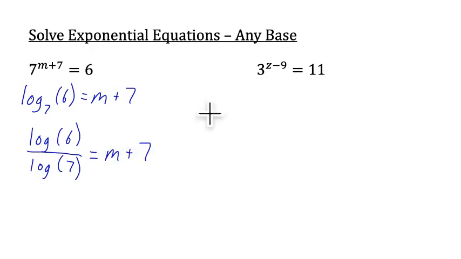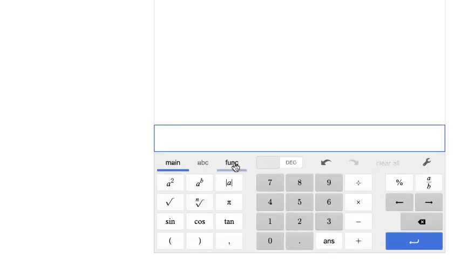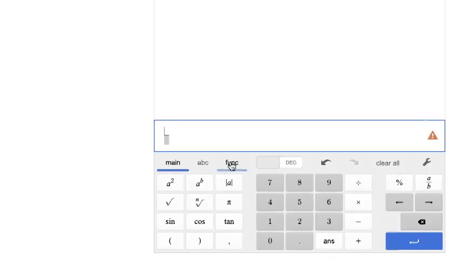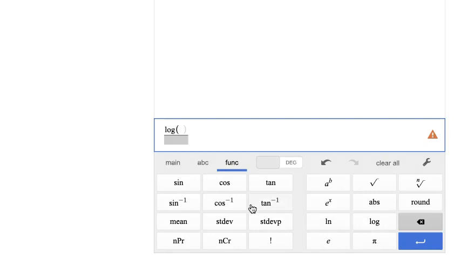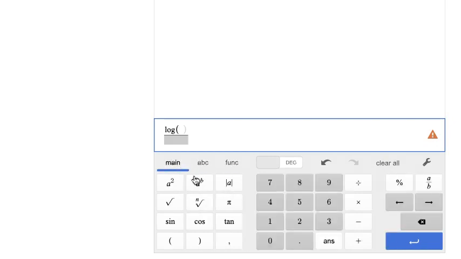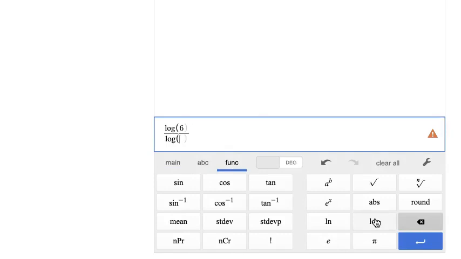All right, so over to this scientific calculator. In the numerator, I have log of 6. In the denominator, I have log of 7.